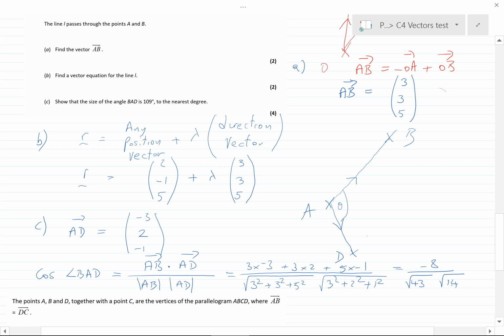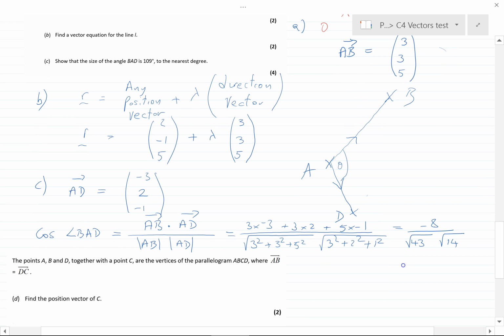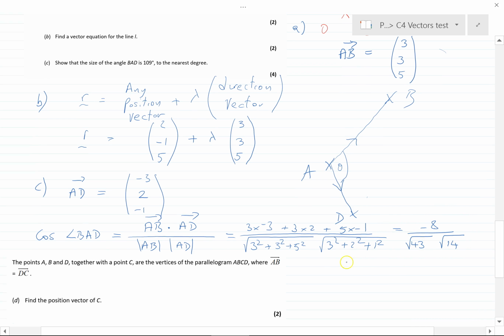So we've got cos of that, and I think it's pretty convincing now. Inverse cos of this thing here will give us the 109 degrees as required. Right, so not too bad either, a bit of work, but still fairly routine.